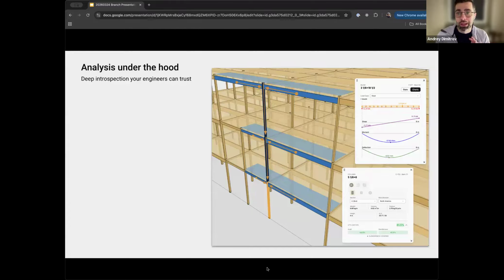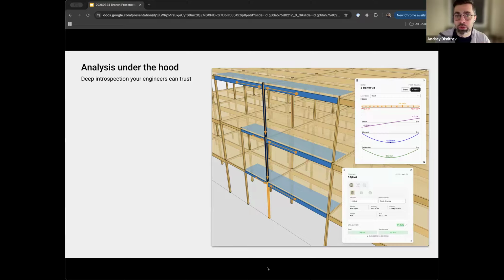First of all, we're going to have a very detailed introspection of the analysis, specifically catered to structural engineers. Now, you might not be a structural engineer and you might not care to see all of these charts and numbers. But what makes Branch very effective is that we can build trust with engineers, so that you know that whatever sizing comes out of it, your engineer will also agree with.